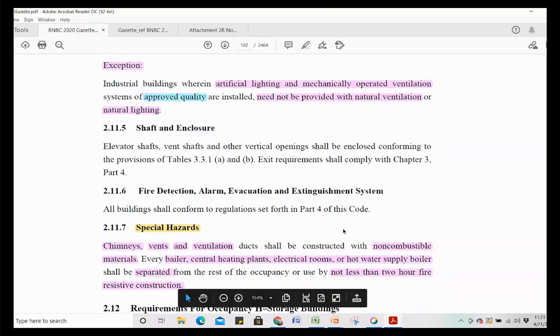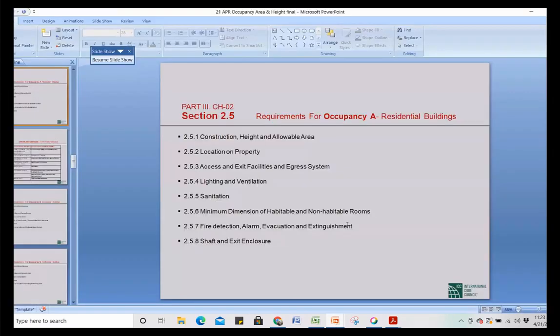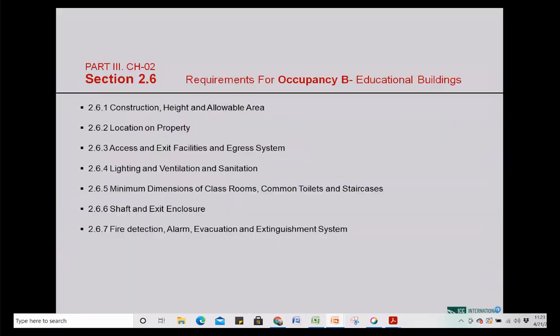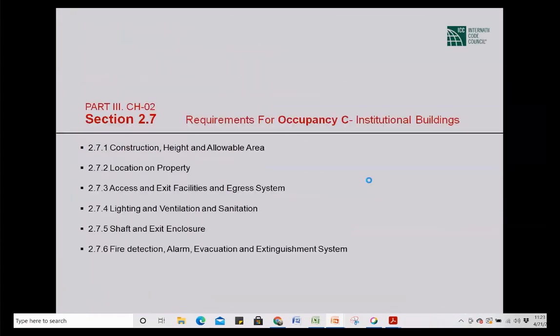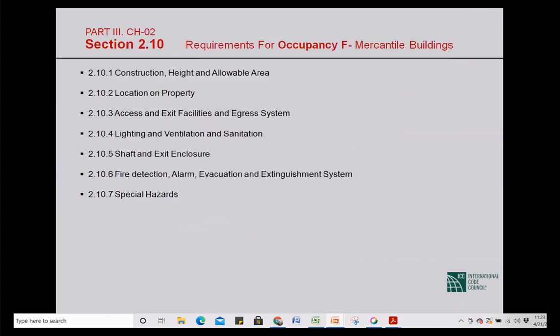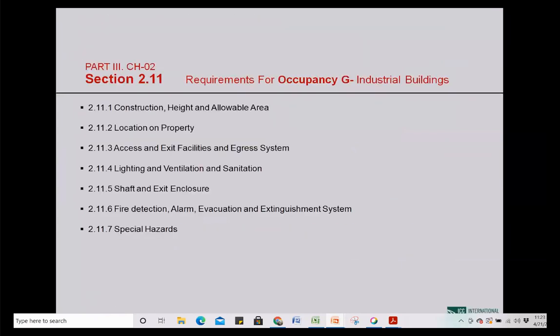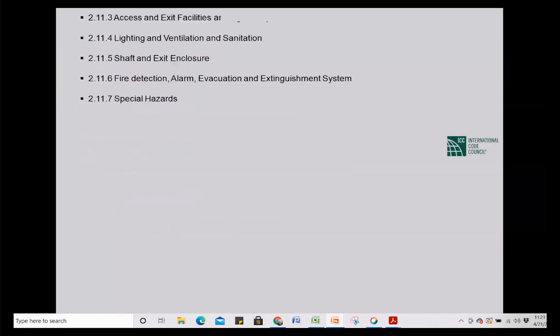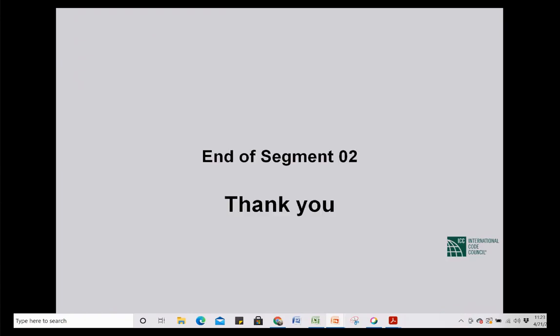So therefore, starting from occupancy B, we have gone through the following specific requirements for occupancy C, D, E, F, and G. Probably we are quite ahead of time, but I think this is the end of segment 2.